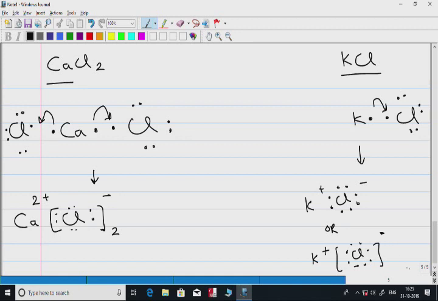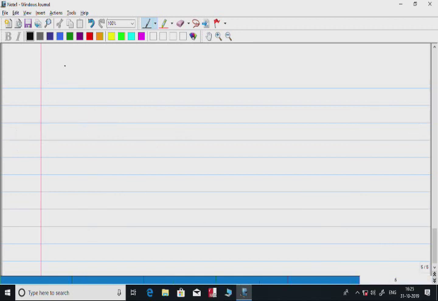Okay, do this one then. AlCl3. Aluminium has 3 valence electrons.